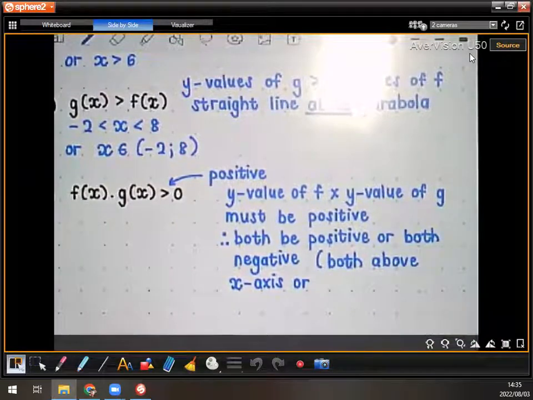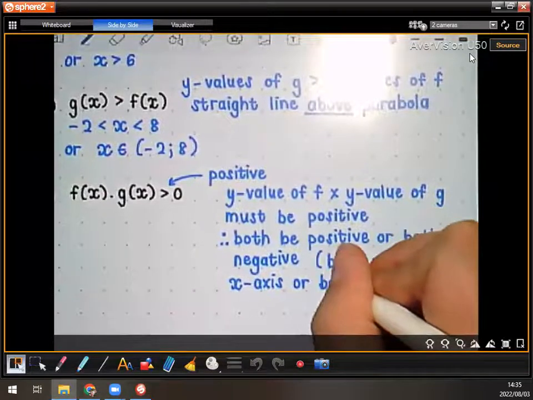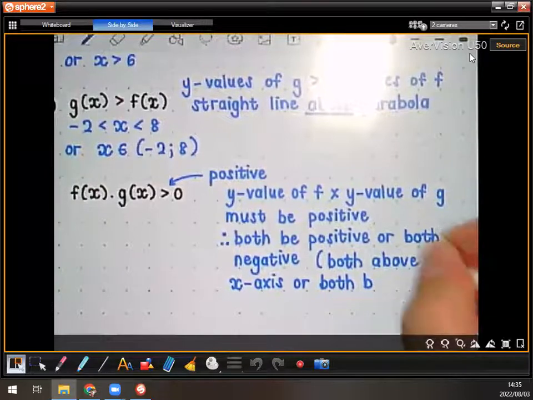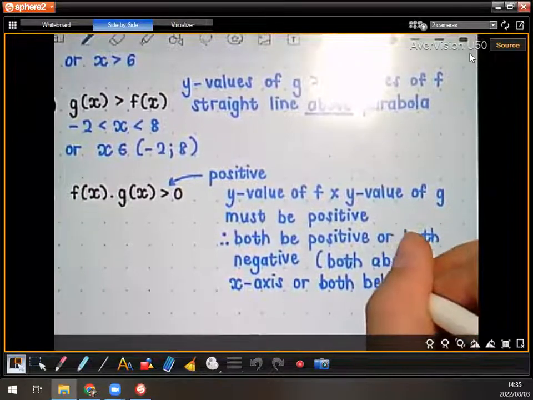Now, guys, positive is above the x-axis and negative is going to be below the x-axis. So if they're both above the x-axis or they are both below the x-axis, then if we take those y values and multiply them together, the answer would be positive.